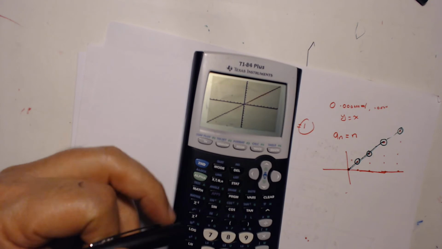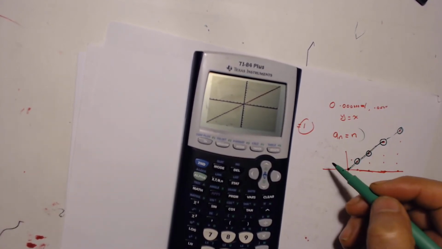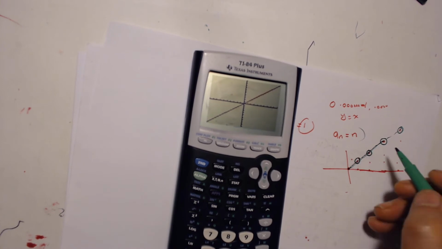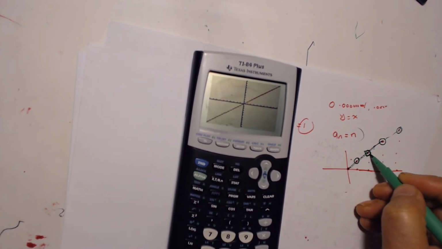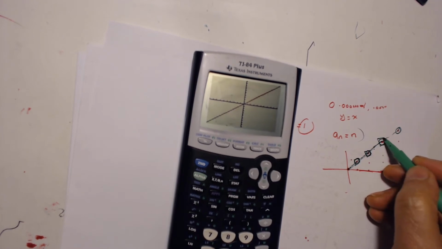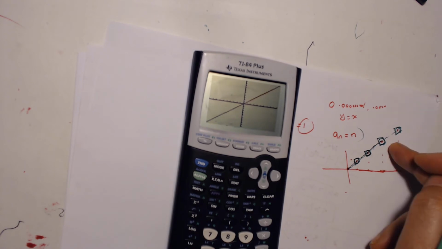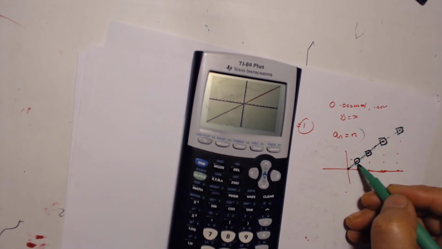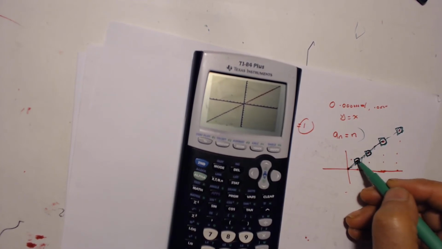Therefore, I'm going to say, okay, if I want to find the limit of any sequence, I'm going to find the limit of the function because they have the same values at every integer point. Maybe n cannot be 0.5 or 1.5 or 1.7, but I know n can be 1, 2, or 3.